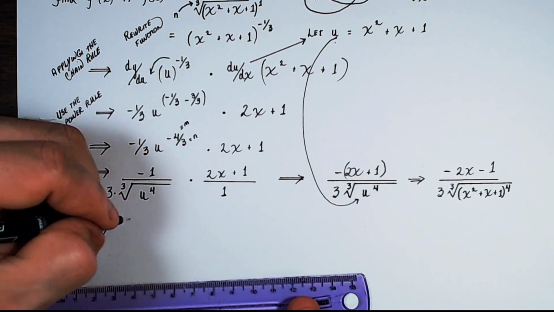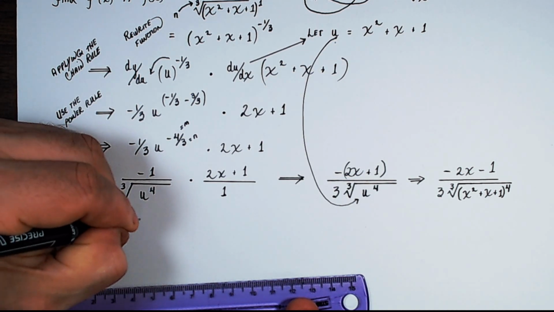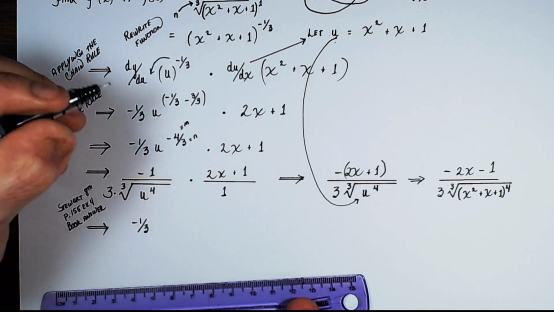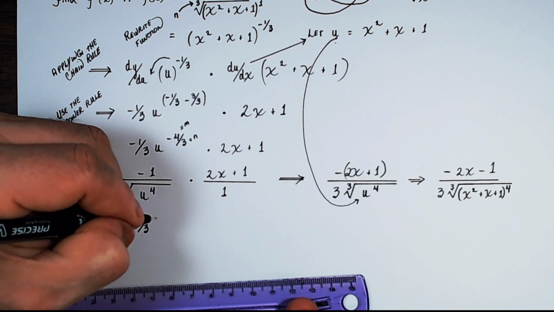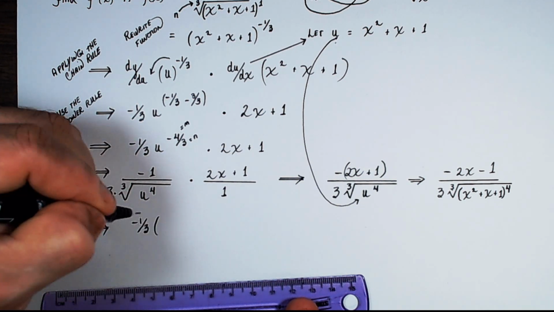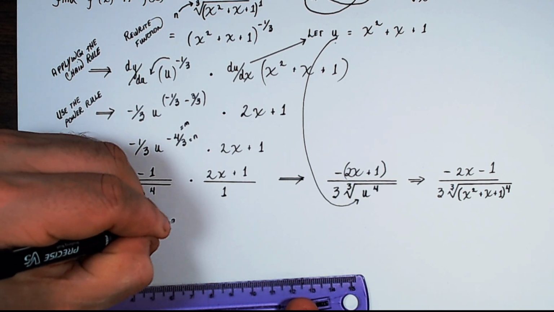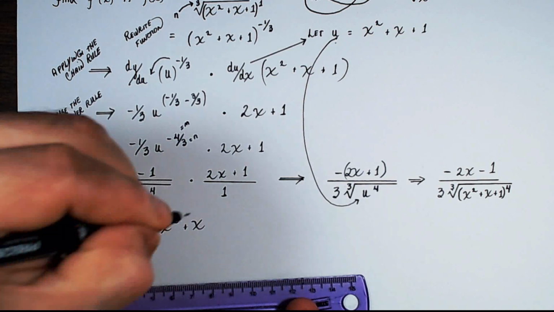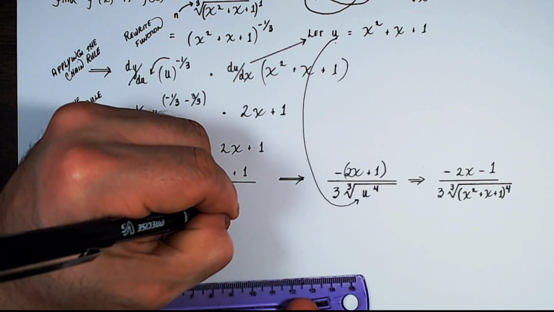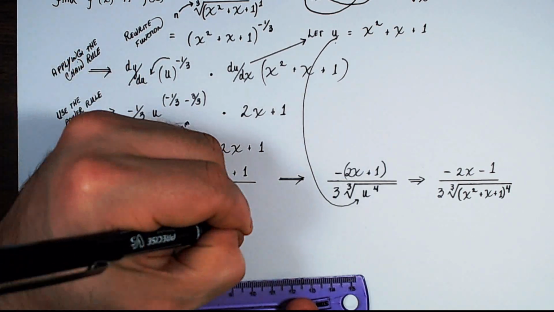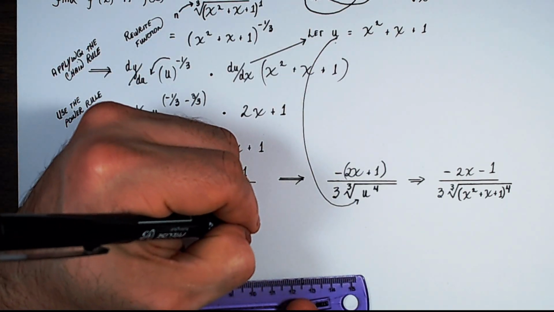So let's bring this back up. You know, we could write this as negative 1/3 times open paren x squared plus x plus 1 close paren to the negative 4/3 multiplied by 2x plus 1.